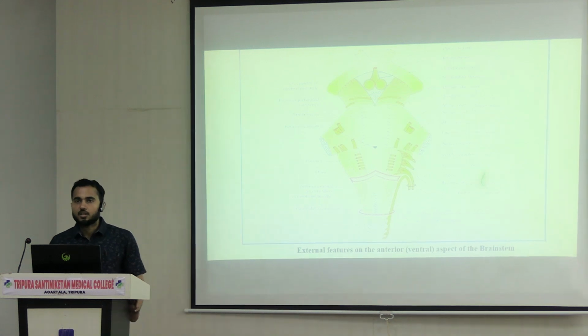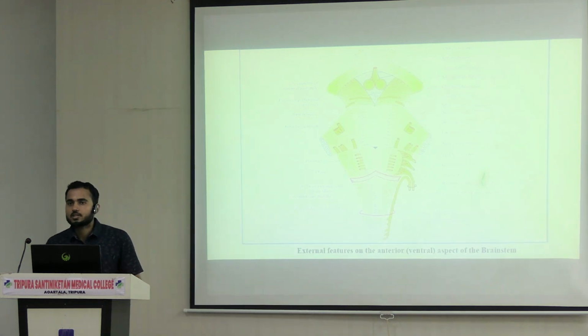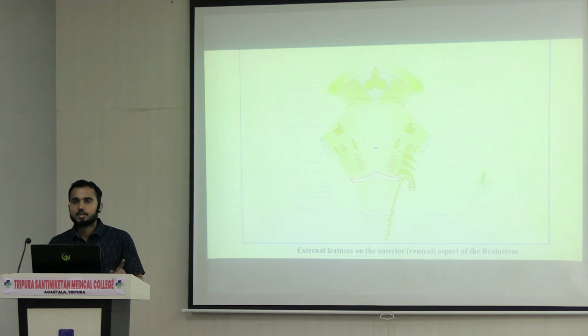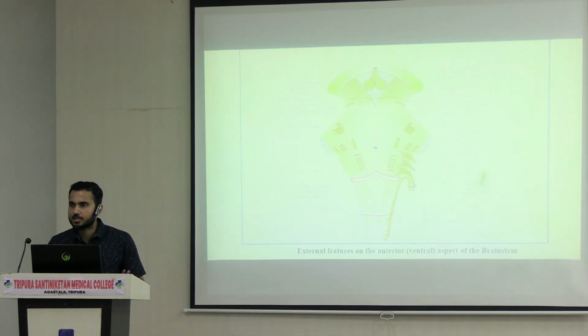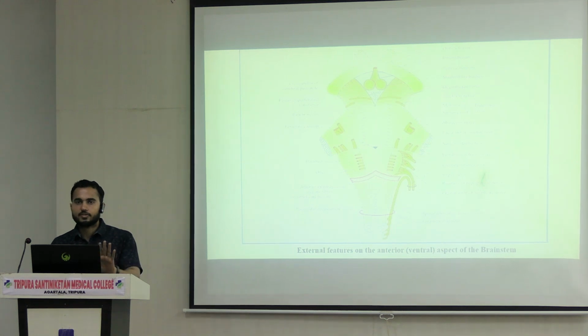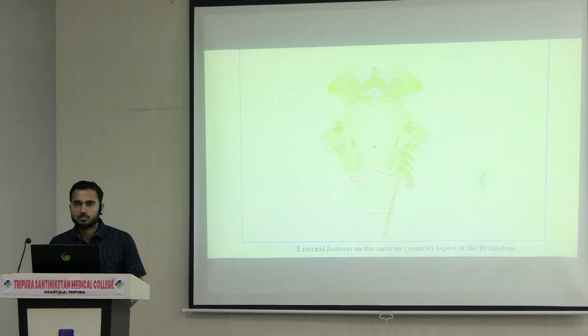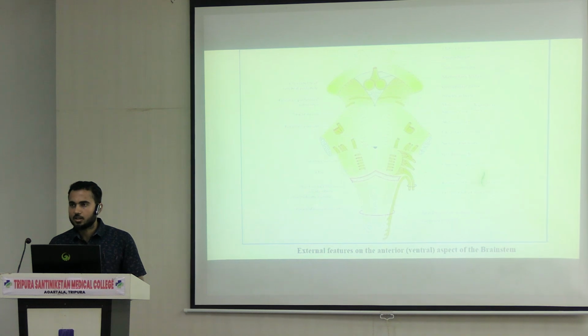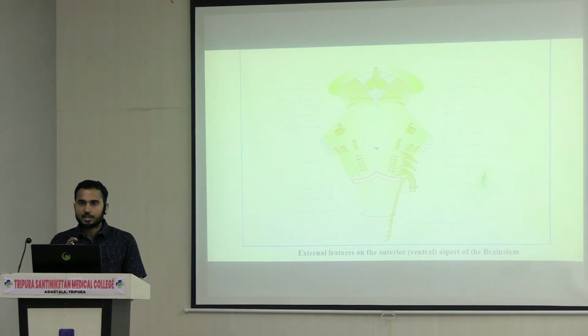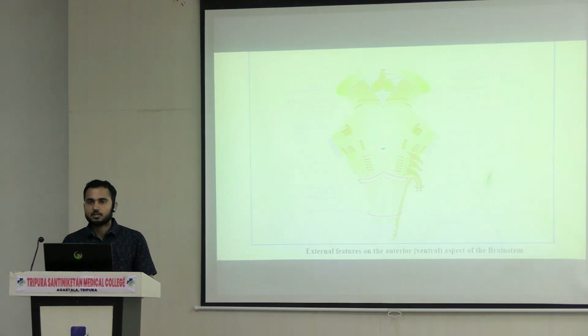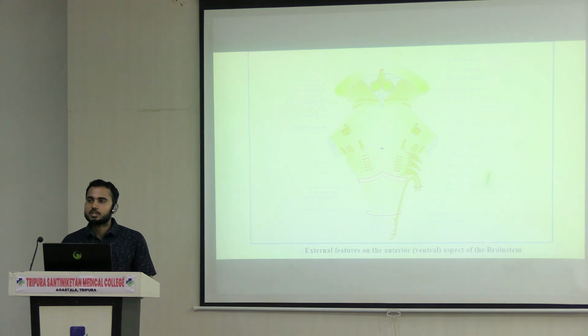I am showing you this so that whenever you study the external features of any part of the brainstem, you first see the anterior view and then the posterior view. Things will get easier. Don't mix it. Whenever you are writing in the exam, also segregate it: features on the anterior view, features on the posterior view.